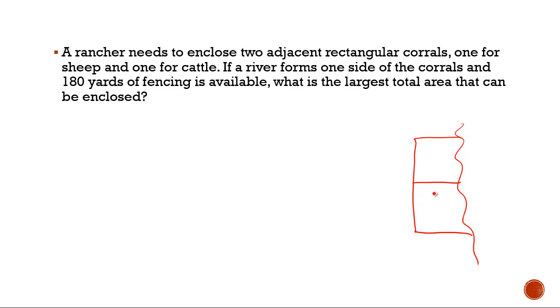Now remember, it doesn't really matter how big this one is because this could move here and there, but we also have a constraint. We only have 180 yards of fencing, but he wants the biggest area possible, so that's a maximum.